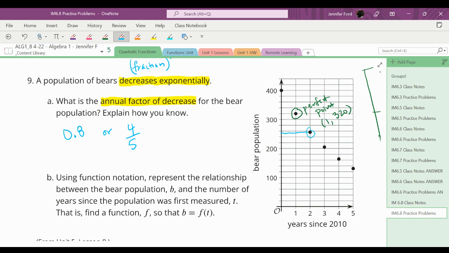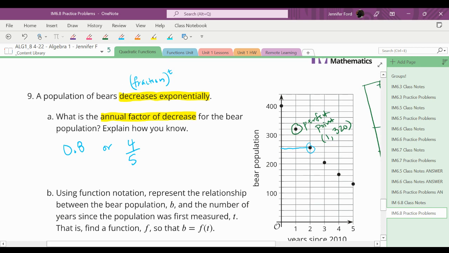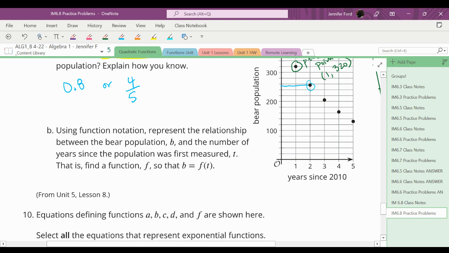Okay. The other thing, decreasing exponentially, is how many did you start with? So the starting amount. It's going to be however many you started with times the fraction raised to the exponent, the number of years it's been going.